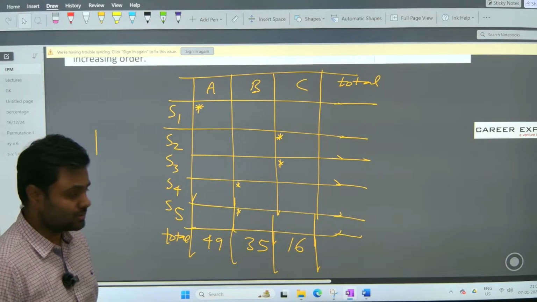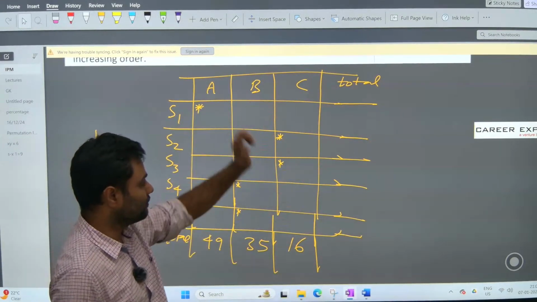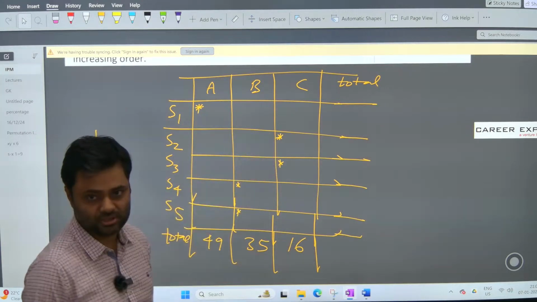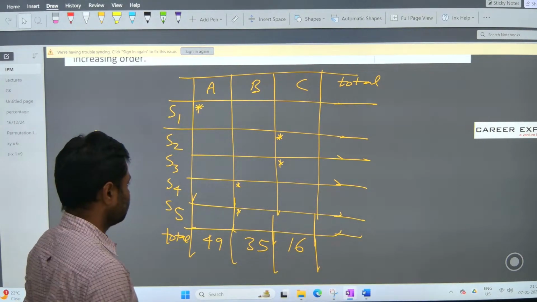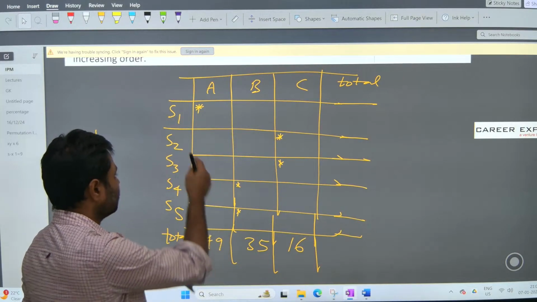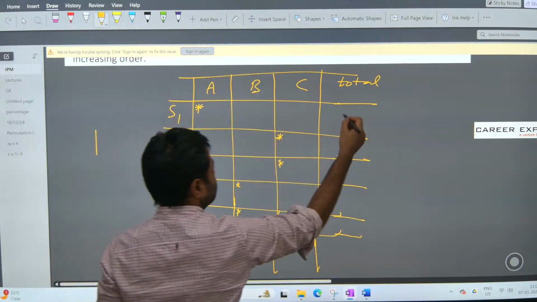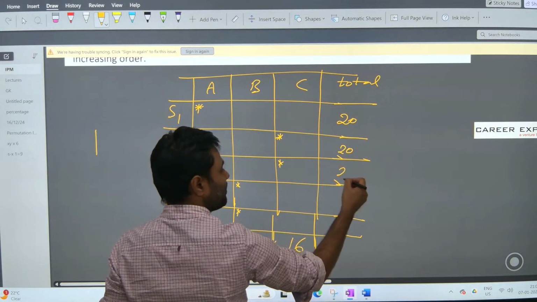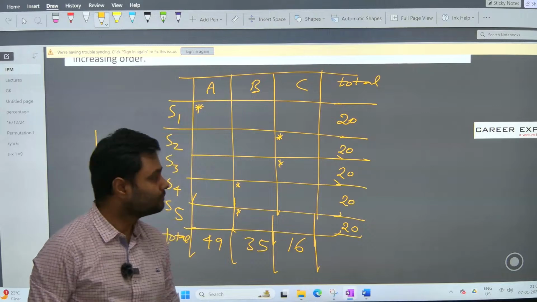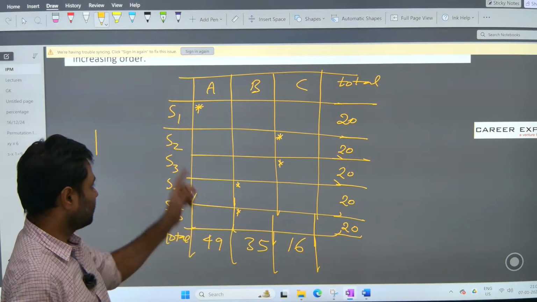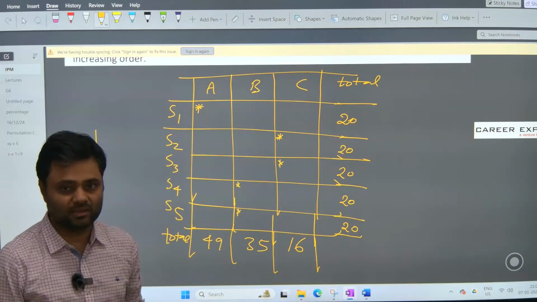in each constituency. So we know that there are 16 votes in total for C and C won these 2 constituencies. So now first point that we should discuss here is, if there are total 20 votes in every constituency, minimum how many votes should a winner get? If S2 is won by party C, so minimum how many votes can party C get in S2?